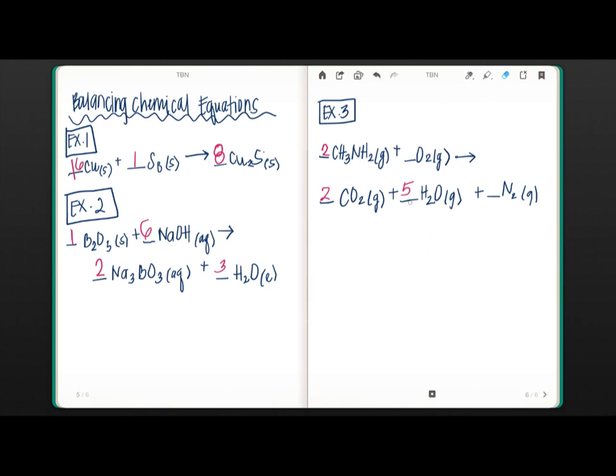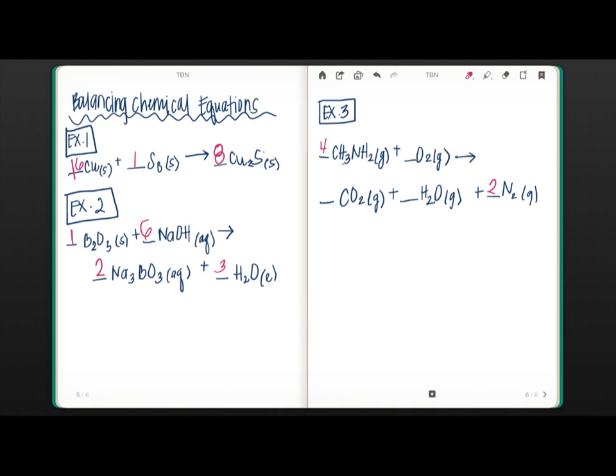So what we can do is try to see if we can double it. You have N2. We started with nitrogen. Let's see if we double it. So if we put 2 in front of there, which would make 4 nitrogen, then you would have to put a 4 here in order to balance out nitrogen.